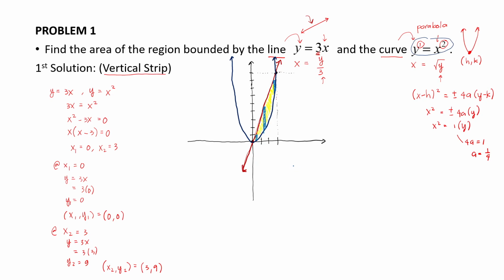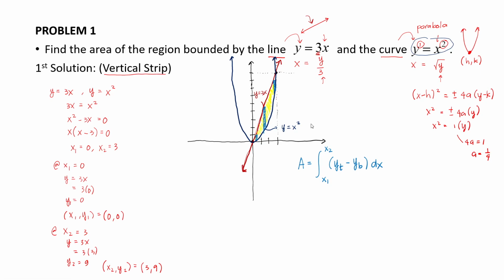The next part is you just have to use your formula. Area is equal to, since it's a vertical strip, the integral of y top minus y bottom dx from x1 to x2. Y top, this equation, is y equals 3x. The bottom part is the curve y equals x squared.